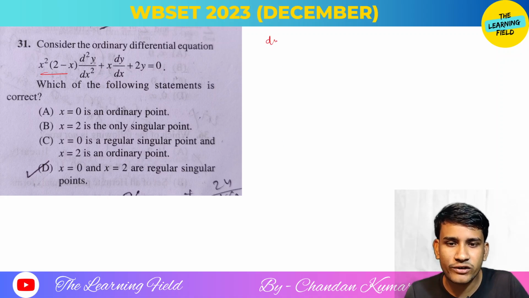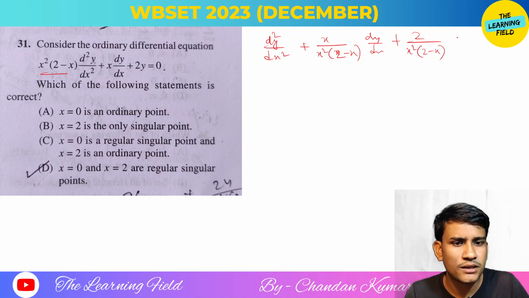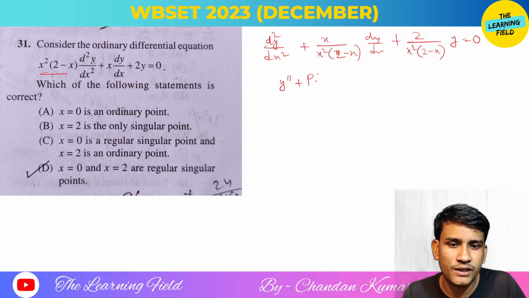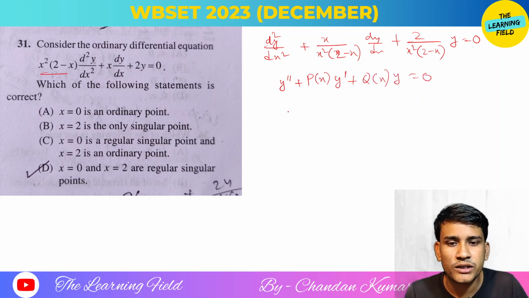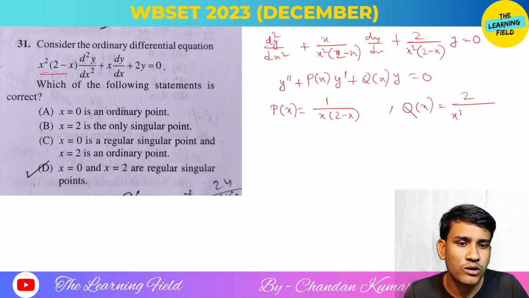If we rewrite the differential equation this way, y double dash plus (1/x) times (2 minus x) y dash plus (2/x squared) times (2 minus x) y equals 0, and compare with y double dash plus p(x) y dash plus q(x) y equals 0, then p(x) equals 1/x into (2 minus x), and q(x) equals 2/x squared into (2 minus x).